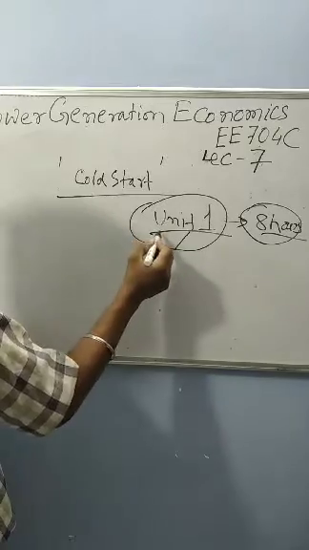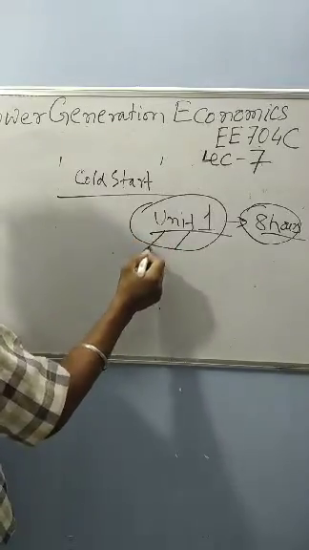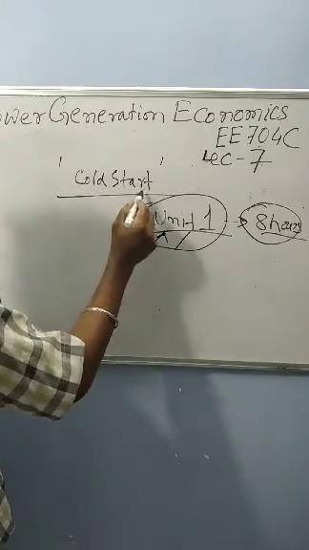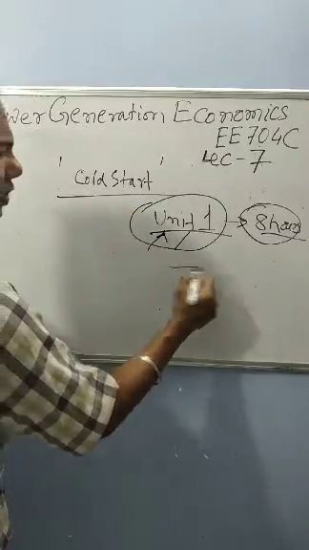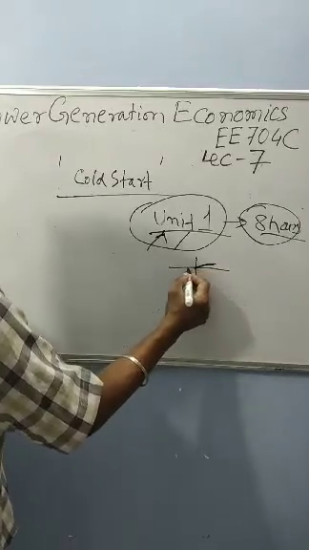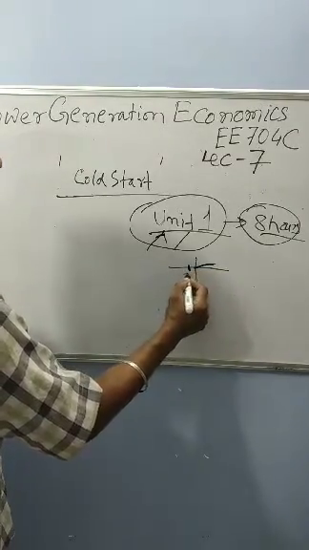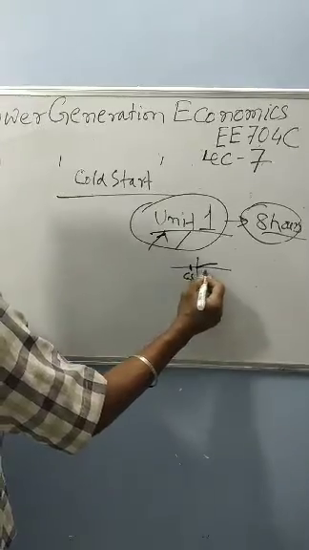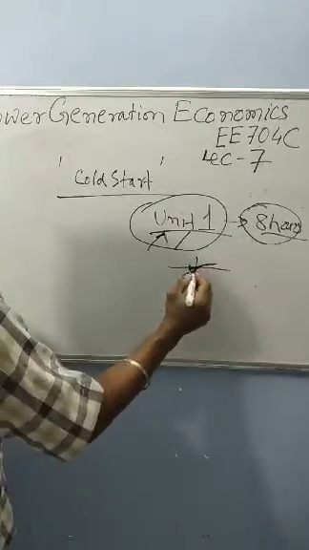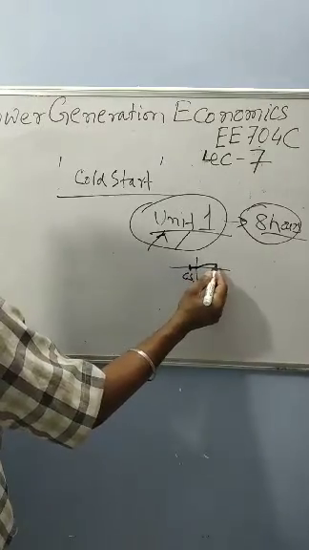So it has a cold start value at a minimum, very close to the starting of the thermal unit. So here is your cold start. The cold start value is here, this much time is 8 hours, and it can be operated.